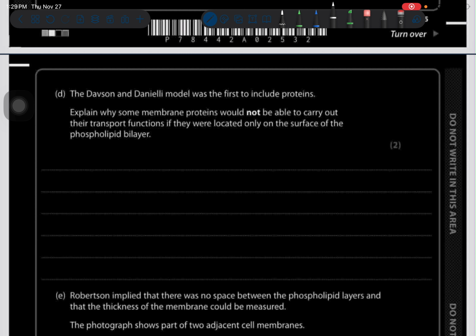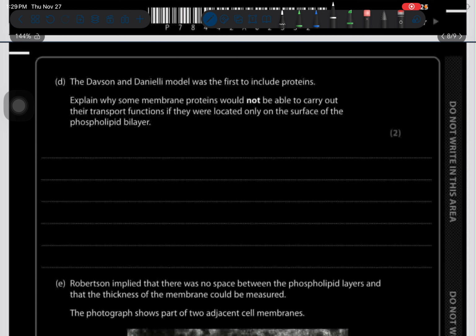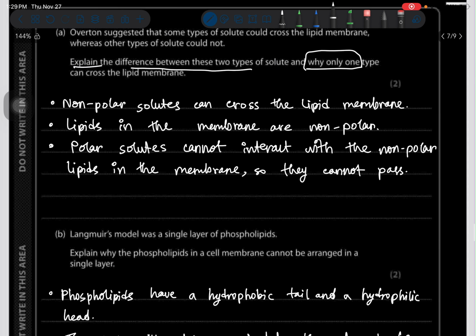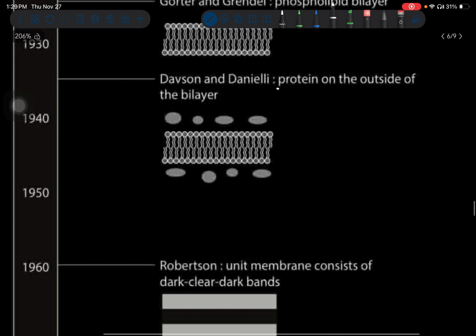This model was the first to include proteins. Explain why some membrane proteins would not be able to carry out their transport functions if they were located only on the surface of the phospholipid bilayer. Okay, membrane proteins, as shown here, this person said that these are only on the outside.